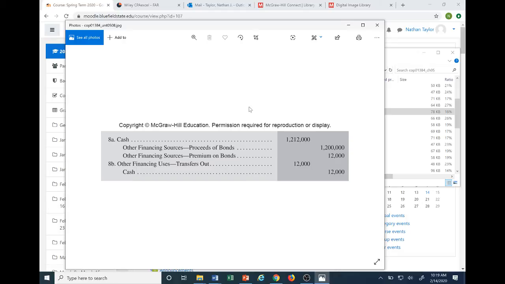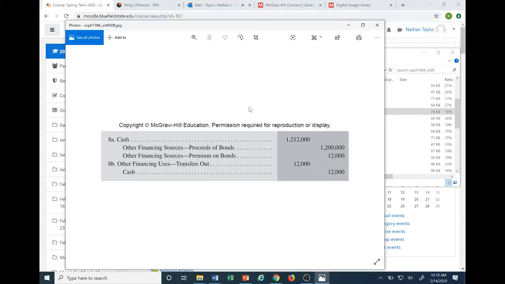So entry 8A records the receipt by the Capital Projects Fund of the proceeds of the bonds, okay? So let's look at 8A here. We know the bond was for $1.2 million, right? But we also had a $12,000 premium. So it's going to be $1.212 million.